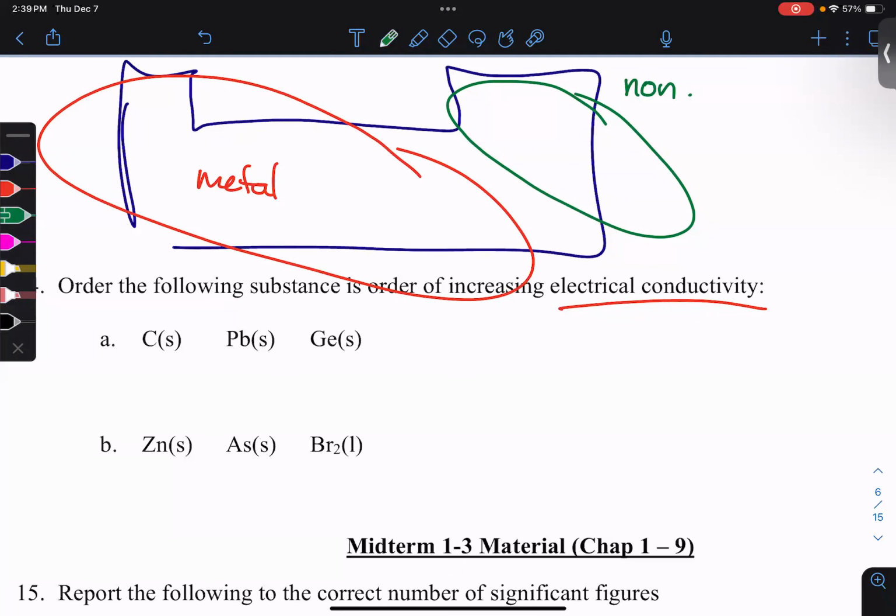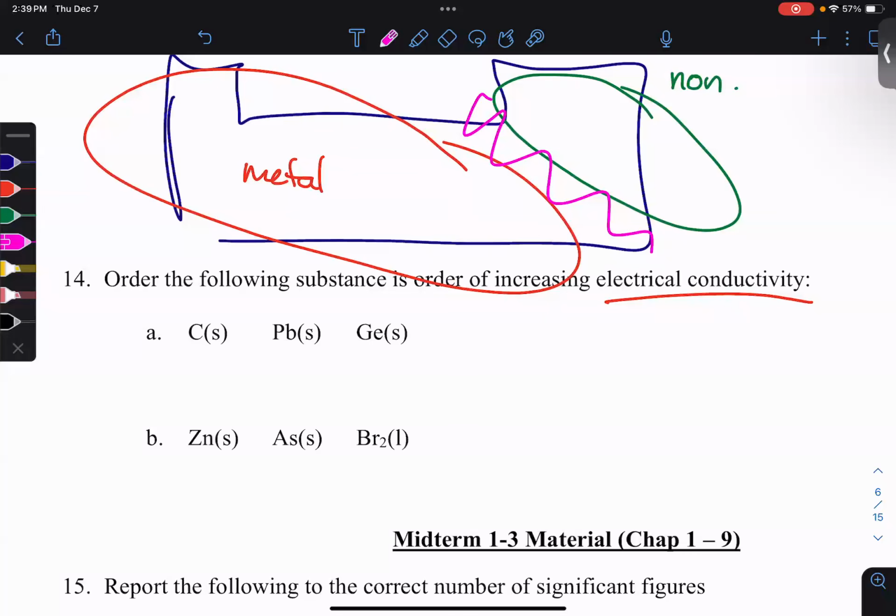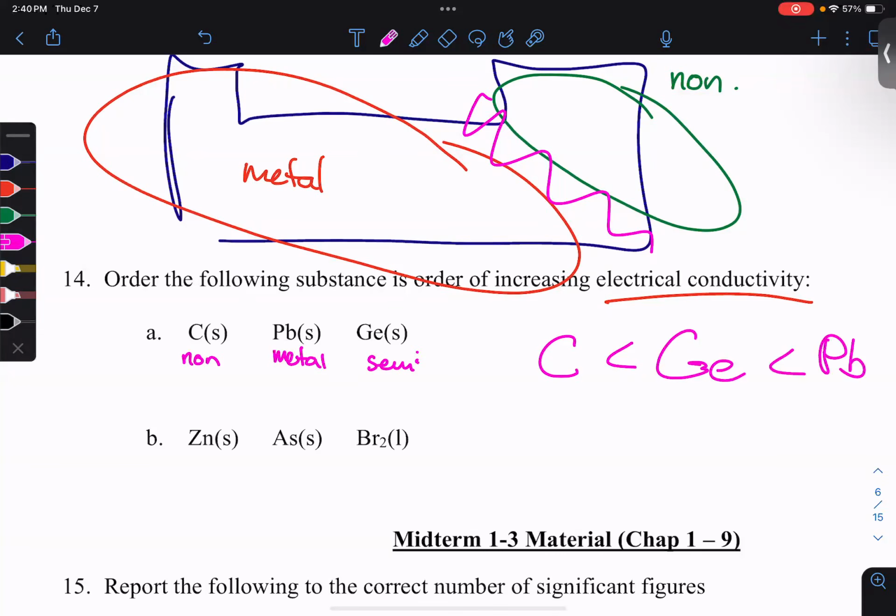And then of course we have weird ones in the middle, metalloids, and they will have behaviors between that of metals and non-metals. So if we look through these different substances, I recognize carbon is what kind of element? A non-metal. Lead is a metal. And germanium is a semi-metal. So in terms of electrical conductivity, it's going to go carbon, germanium, lead.